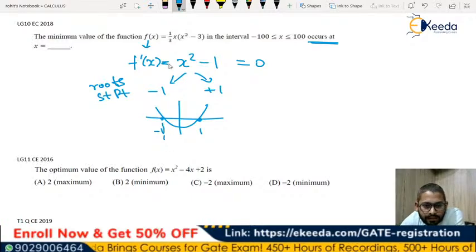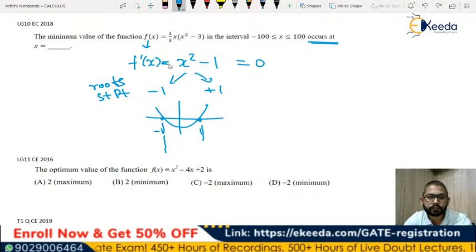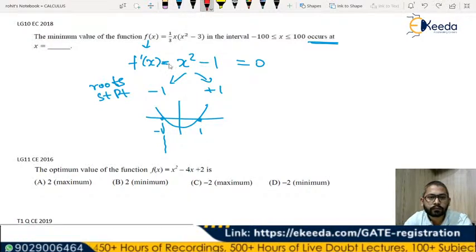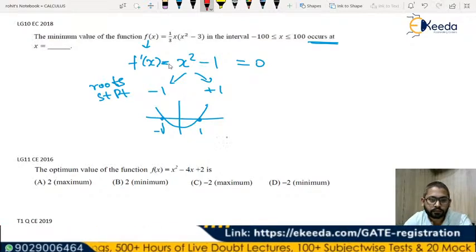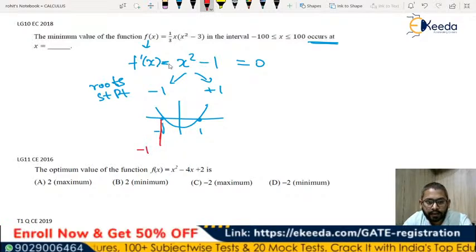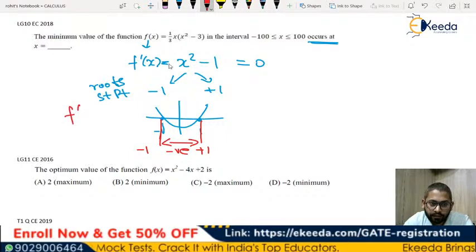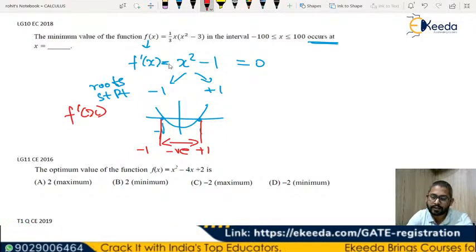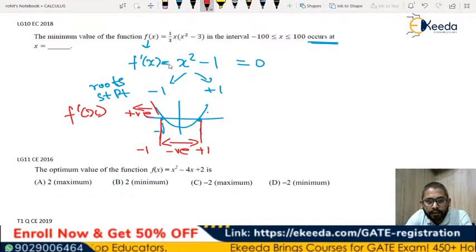So that means for this minus 1 and for this plus 1, within this interval this function is negative. What is negative? The first derivative, not the function. The derivative is negative, and beyond this it is positive.